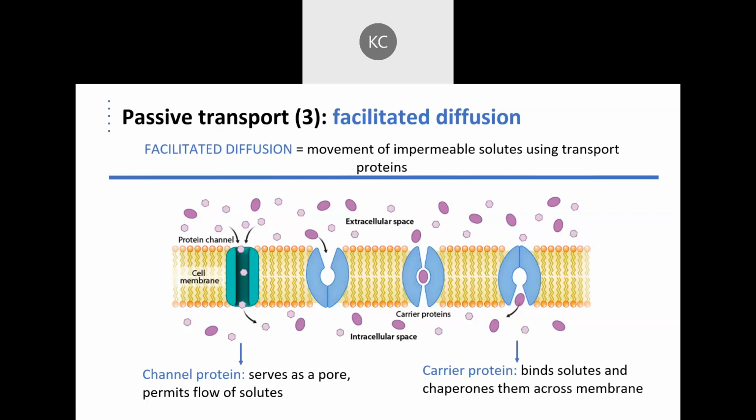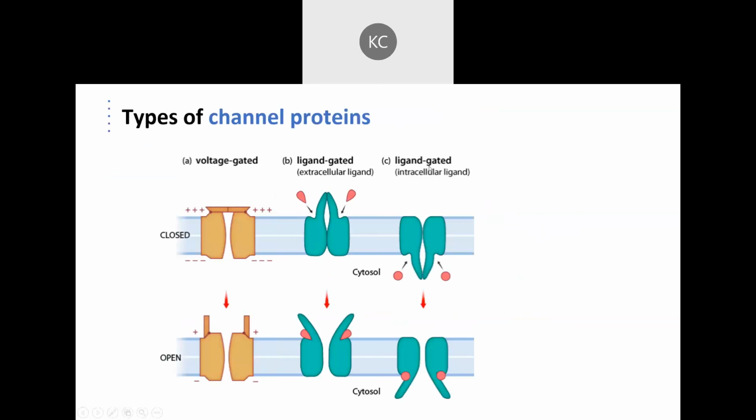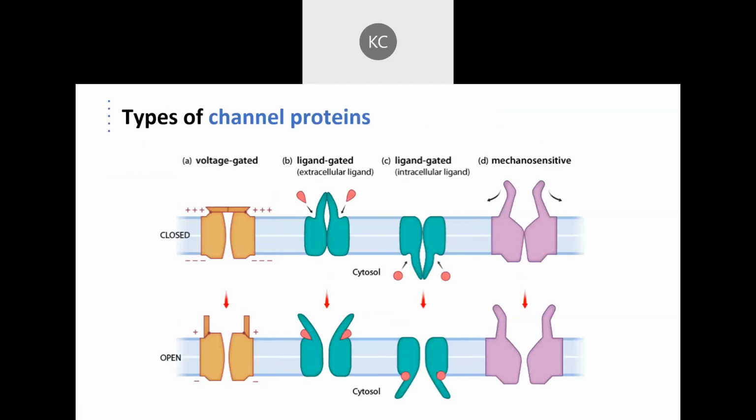And then carrier proteins are going to be taking our ions or molecules, binding them, and then moving them to the other side, okay? So it's still a passive process, but you're having to utilize a protein to do it instead of just having things move freely down their concentration gradient, okay? All right. So when we look at our protein channels here, we can see that we have different types, okay?